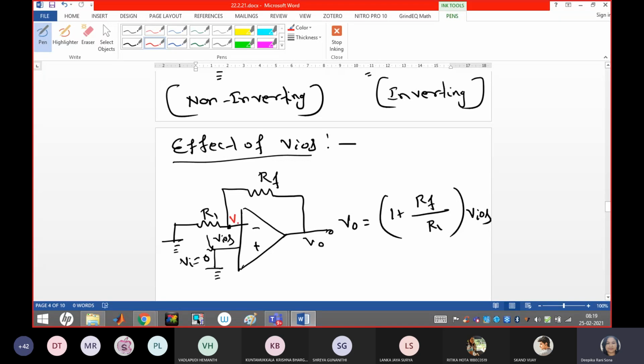This voltage at this junction is V2. So let's apply the voltage divider rule to find out the V2. What should be the V2, guys?